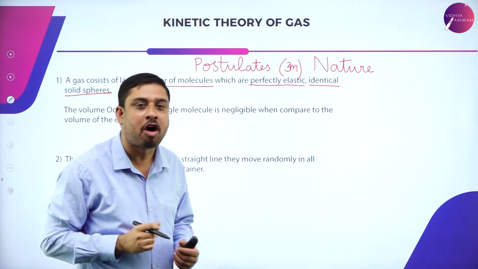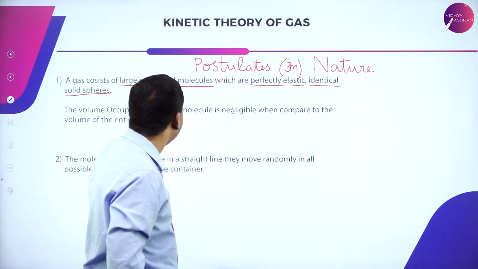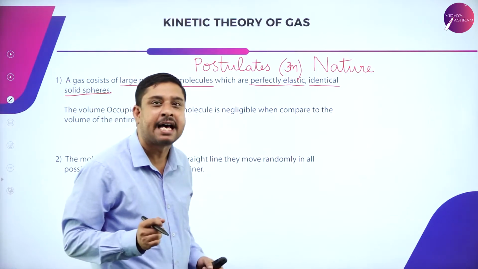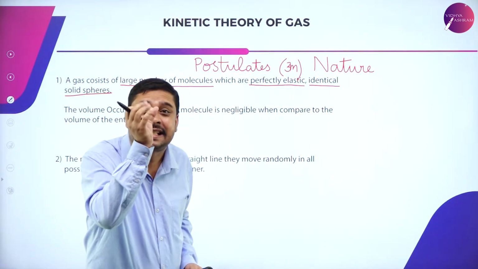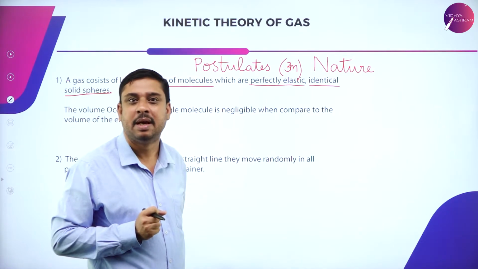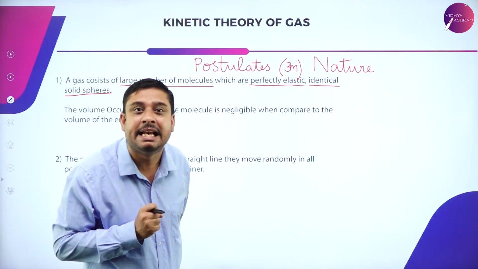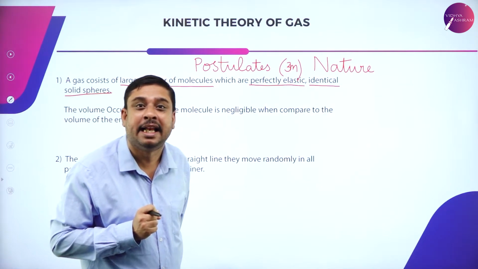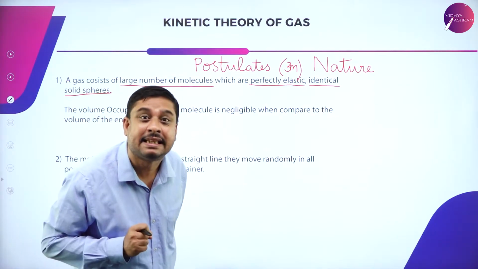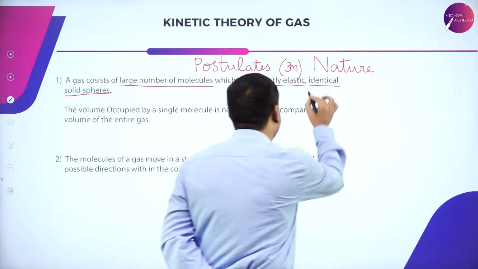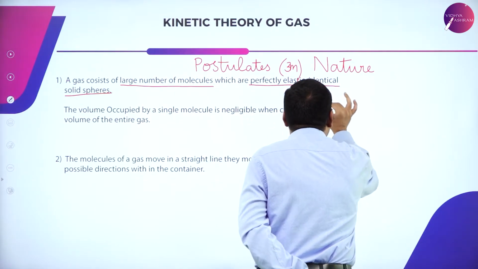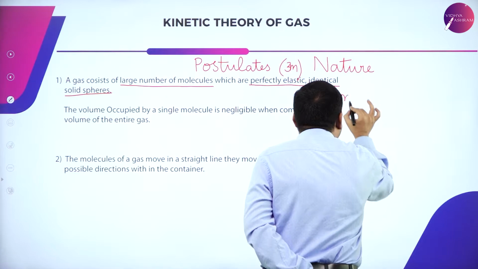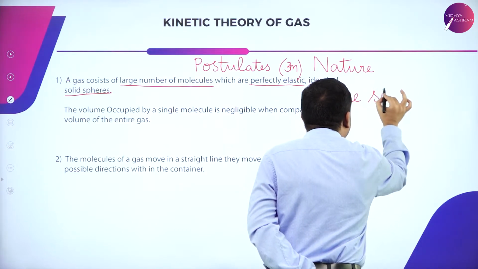The very first postulate says the molecules of a gas are elastic in nature, perfectly elastic, identical. In what sense are they identical? Meaning to say they have the same size.